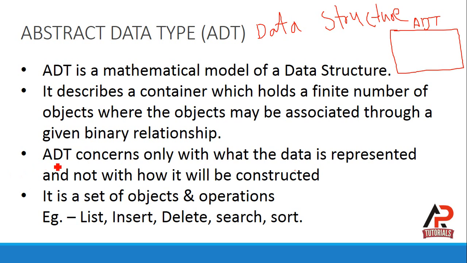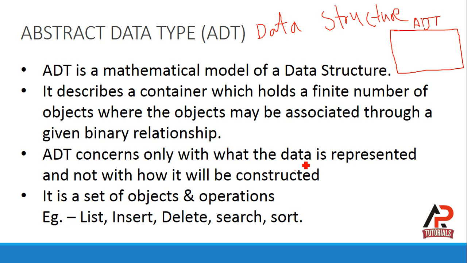And abstract data type is concerned only with what the data is represented, and not with how it will be implemented. So it doesn't want the implementation of that data type.